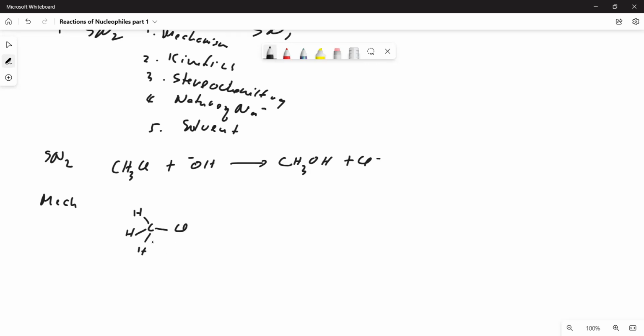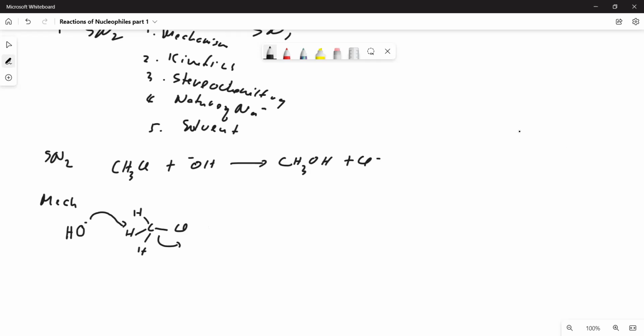And since this is a concerted, one-step reaction, there is a simultaneous attack of the nucleophile and leaving of the chlorine. So when the hydroxide starts to attack, the chlorine starts to leave. That is what we mean by concerted.